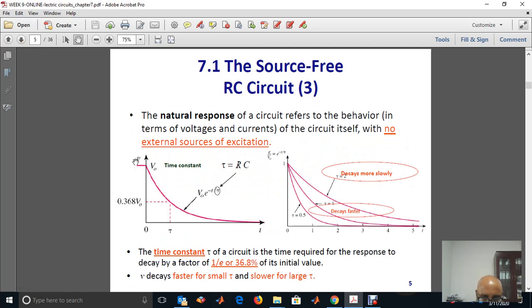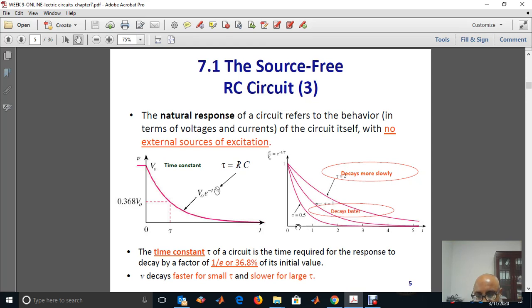As you see, this is the capacitor voltage versus time. It starts from V naught and it decays, where at t equal to tau, the capacitor voltage becomes 36.8% of the initial voltage. Now, another characteristic of this RC circuit is what will happen if we vary the time constant, which is R times C. If you see these curves, we have the first curve RC equal to 0.5, then RC equal to 1, and 2.